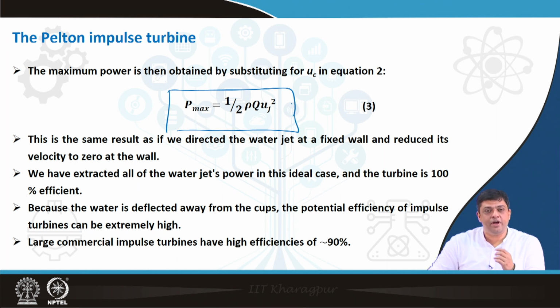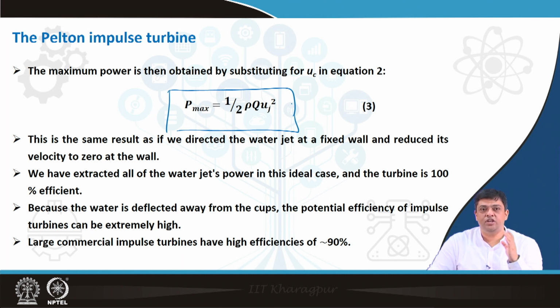And if you remember from the previous module, this is the same result which we obtained when we were discussing the flow of a water jet hitting a fixed wall and when the velocity of this water jet was reducing to 0.